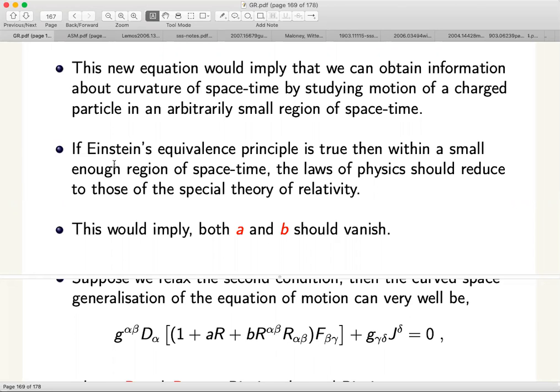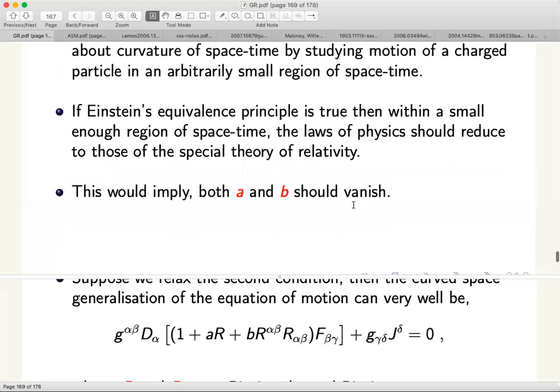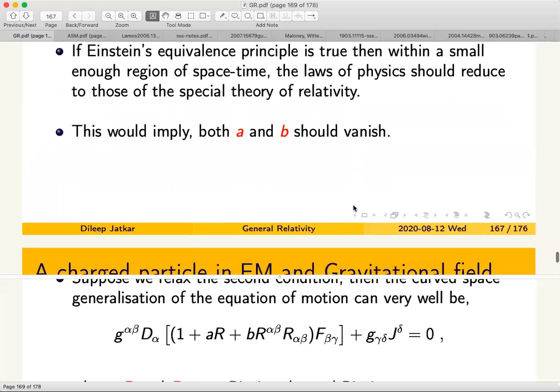So therefore, if you are going to stick to the Einstein equivalence principle, then A and B better be 0. And if that is the case, then you get a unique generalization of flat space equations to the curved space equation, such that in the local Lorentz frame, it takes the flat space equation form. Any questions at this point?